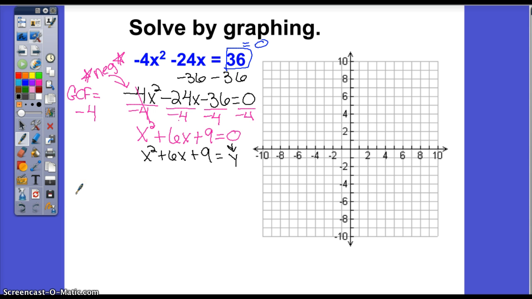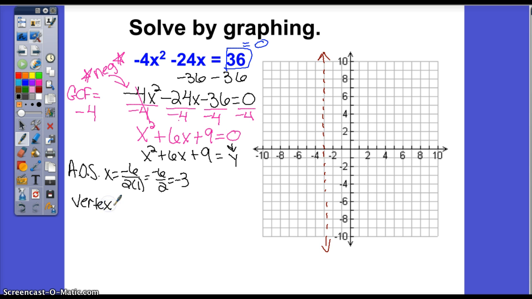So first let's find our axis of symmetry. We know x equals negative b over 2a. So we have negative 6 over 2 times 1, which is negative 6 over 2, which equals negative 3. So I'm going to go ahead and draw my axis of symmetry over here at negative 3. Dash it. It's not actually part of the graph. It's invisible. It's just my line of symmetry. And then find my vertex.